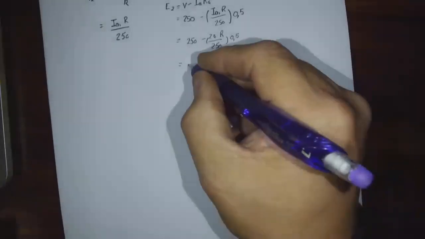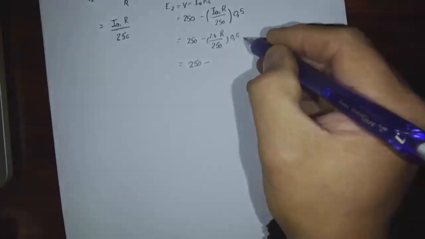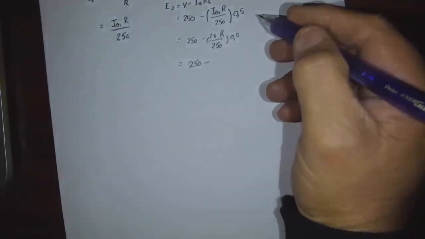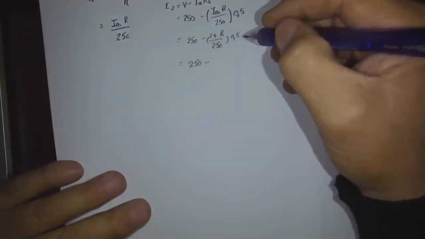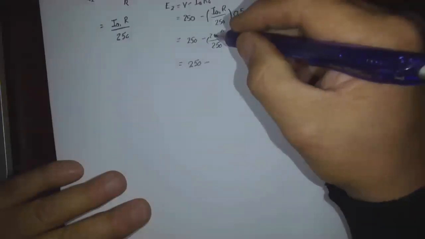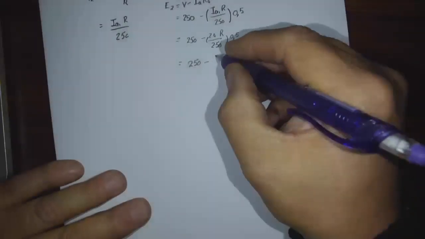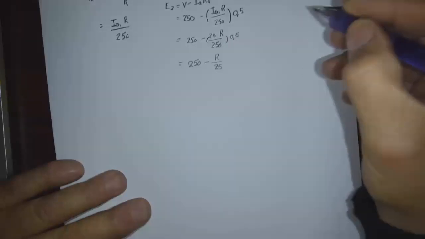So that becomes then 250 minus R over 25. Do you agree? So that's 10 over 250, so R over 25. Okay.